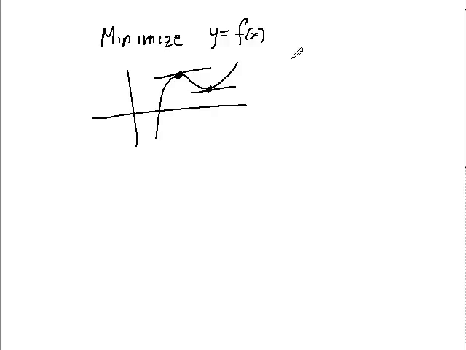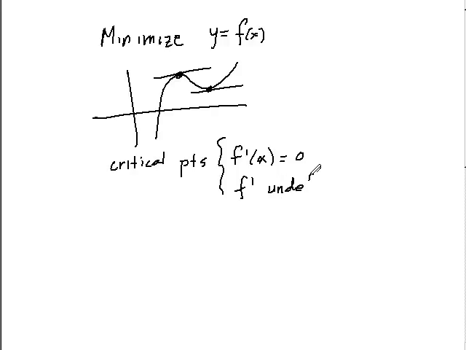So we should look at a critical point where f prime equals 0, or it's possibly undefined. So: f prime undefined, or endpoint. This is the set of points to look for a local minimum or a local maximum.